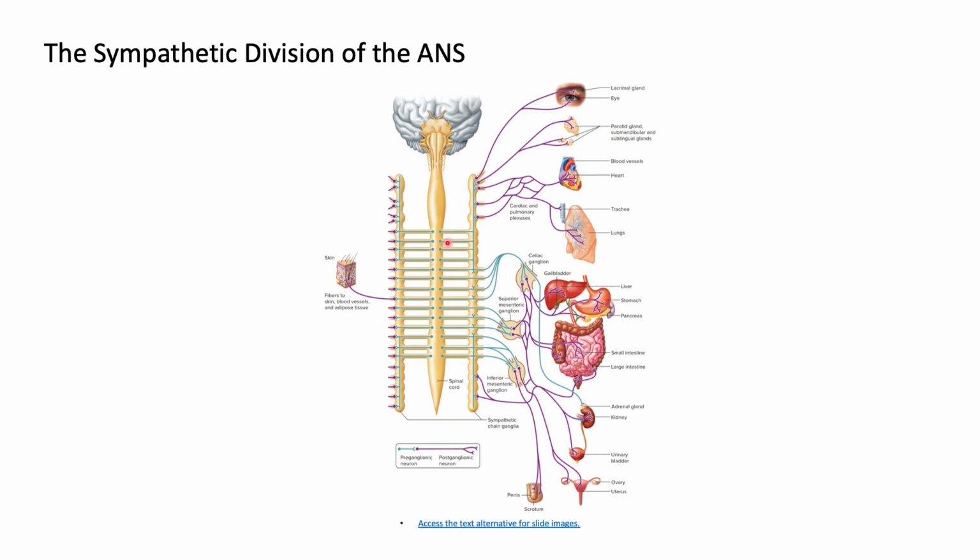Sympathetic division of the autonomic nervous system arises from thoracic and lumbar spinal segments. Nerves in the sympathetic division then travel to different parts of the body, and they include smooth muscle, cardiac muscle, and glands located in various parts of our body.